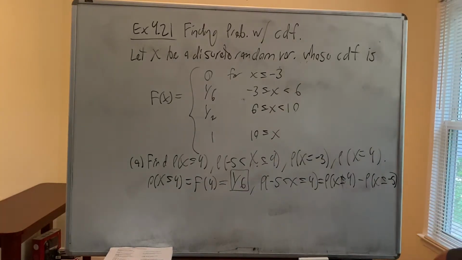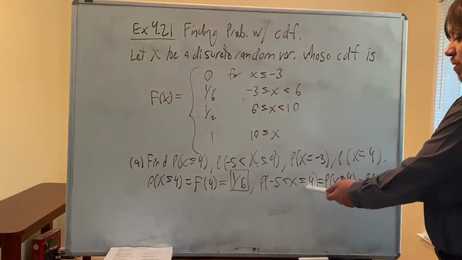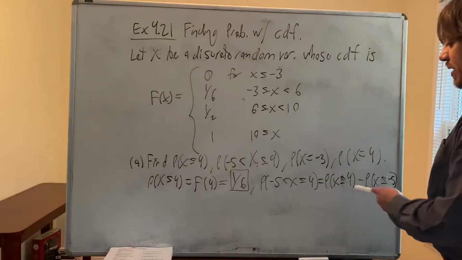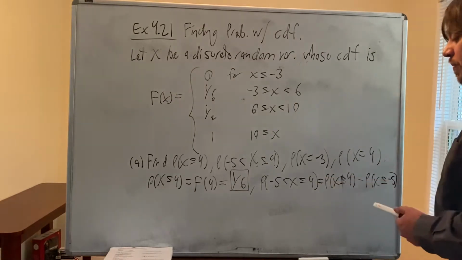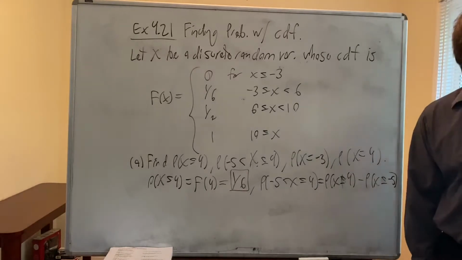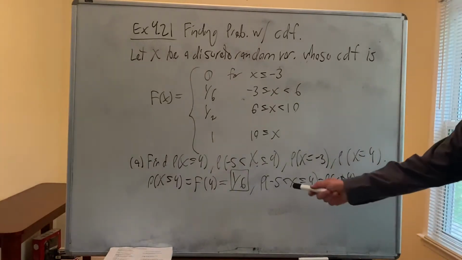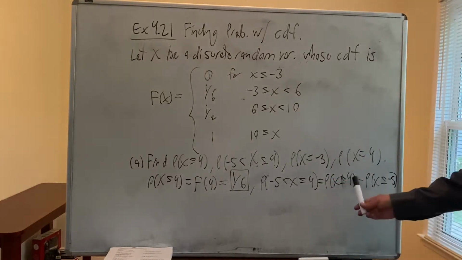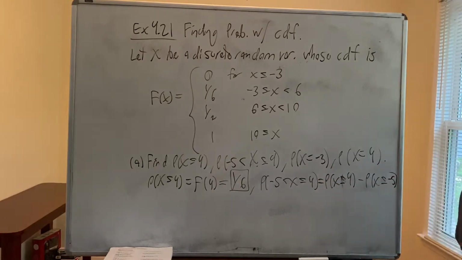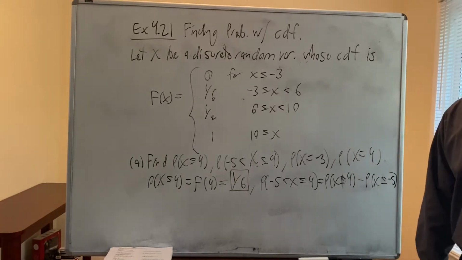Equivalently, X is less than or equal to 4 and not less than or equal to -5. So instead of saying it's greater than -5, I want to say it's not less than or equal to -5, and so I'm just going to subtract the probability that X is less than or equal to -5.